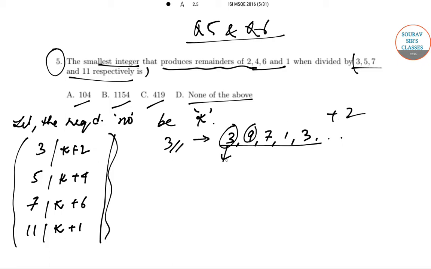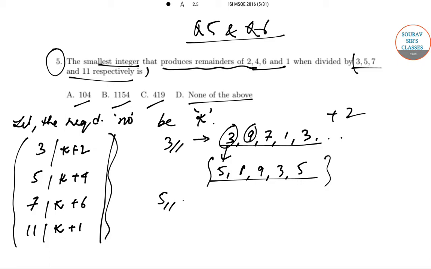So the unit digit of the number that we are supposed to find out will be among these: 3 plus 2 is 5, 9 plus 2 is 11, so the unit digit is 1, 7 plus 2 is 9, 1 plus 2 is 3, and 3 plus 2 is again 5 as the previous number. So these can be the unit digit of the required number.